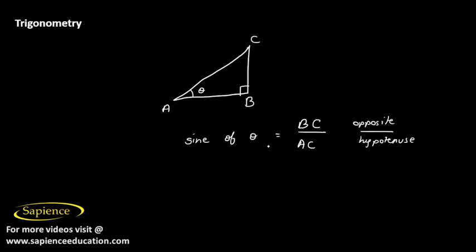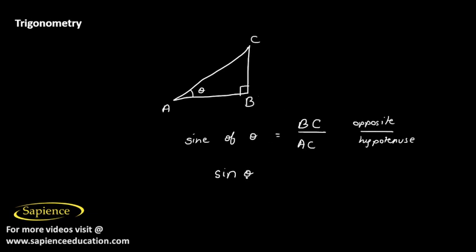The sine of theta can also be written in the short form as sin theta. In this, it is not like sine multiplied by theta. Sine is actually a function. That function says you need to take the ratio of the opposite side and hypotenuse. So sin theta means the sine of theta, the ratio of this angle.